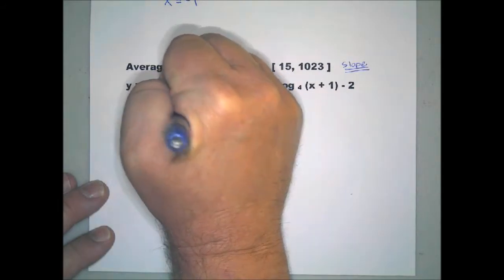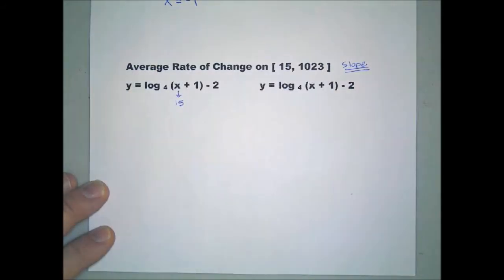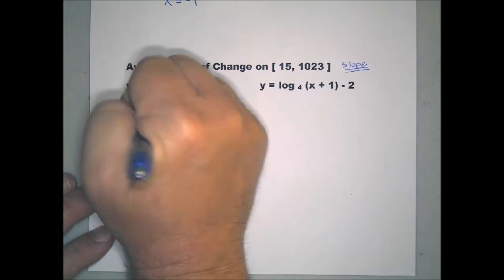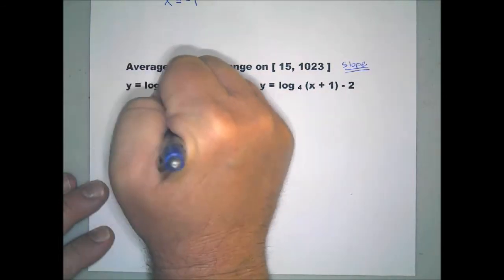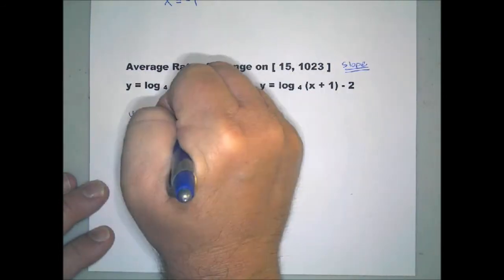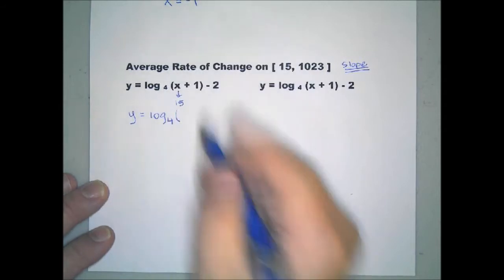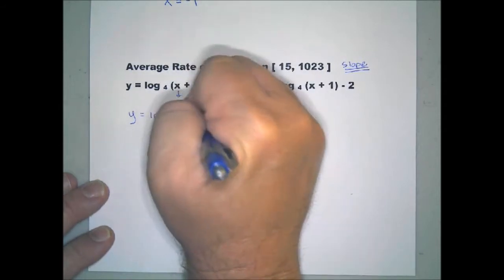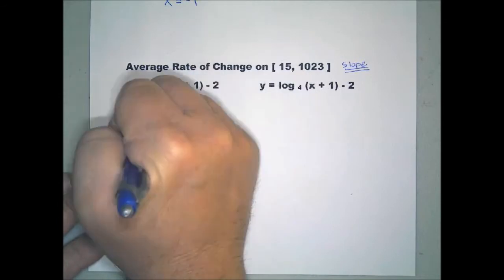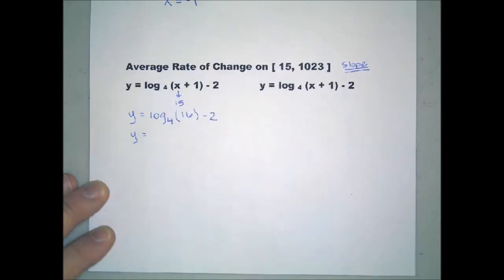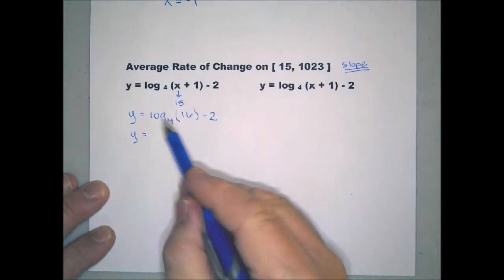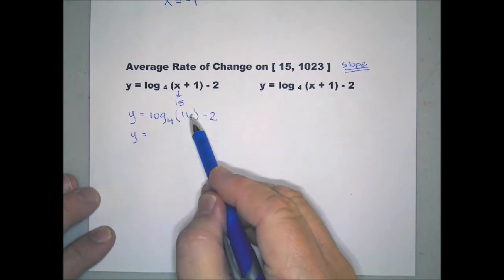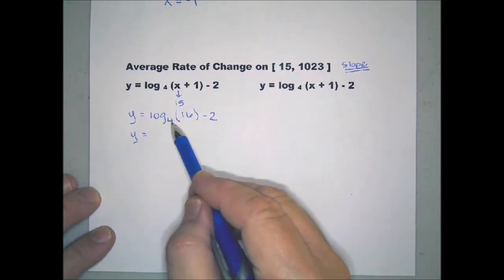So the first thing I'm going to do is plug 15 in for x to see where y is. y equals log base 4 of (15 plus 1, which is 16), and then minus 2.